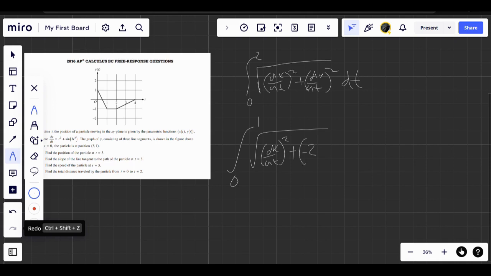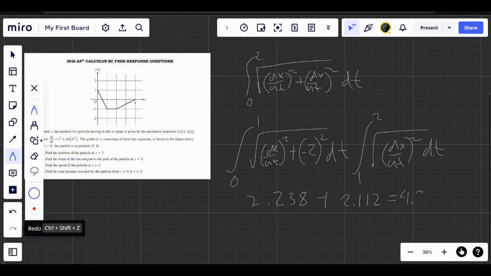So we plug that in here, and then we're going to add it to the integral from 1 to 2, and in that one, the slope of y is 0, so it's just going to be dx dt squared. We plug that into our calculator, and we get 2.238 plus 2.112, which is going to be 4.350 units for the distance traveled by our particle.